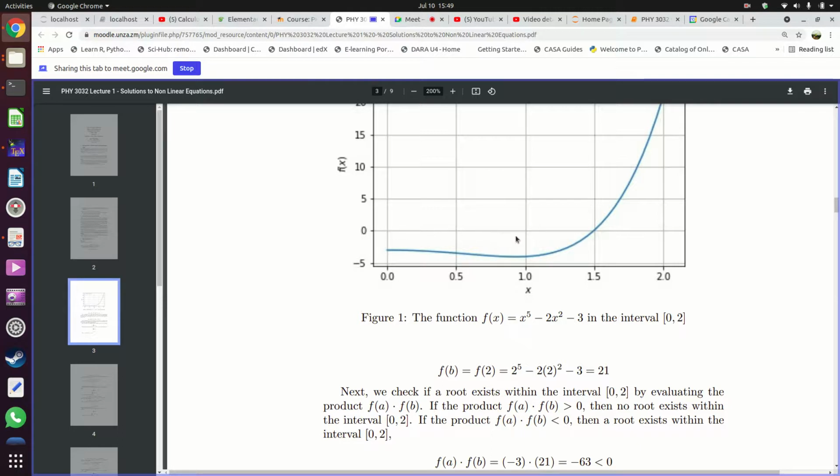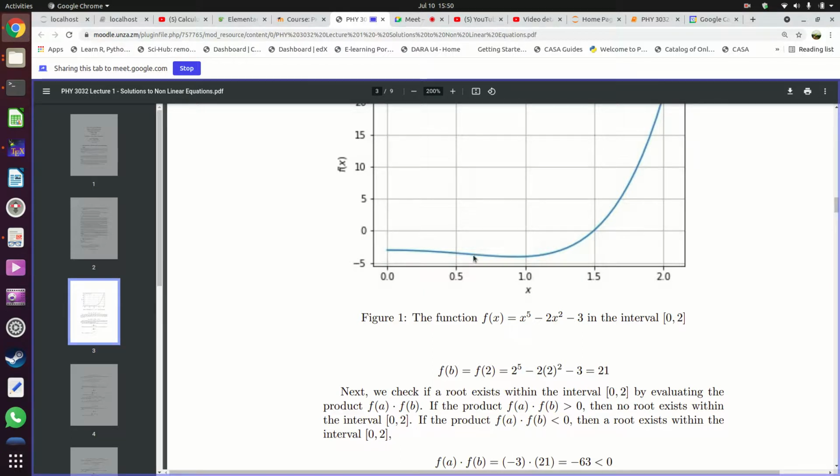You multiply the value of the function at a and the value of the function at c. If the product of f of a times f of c is positive, then it means that there is no solution. If the product is negative, then it means that the function cuts in this particular interval.